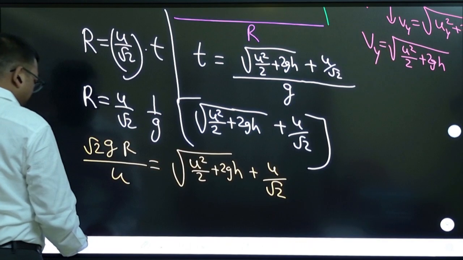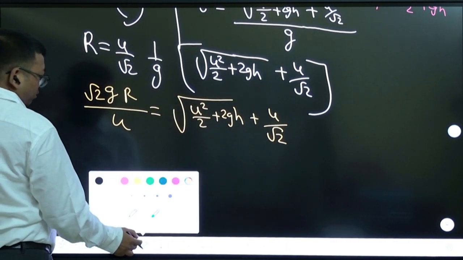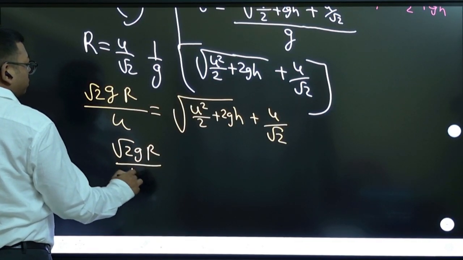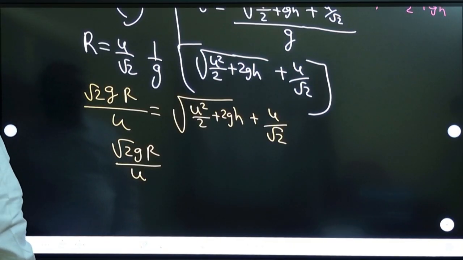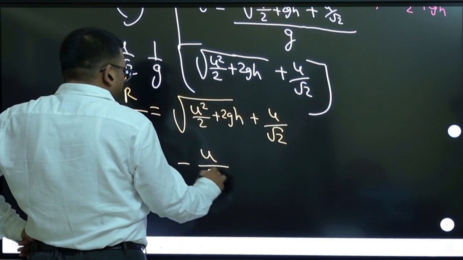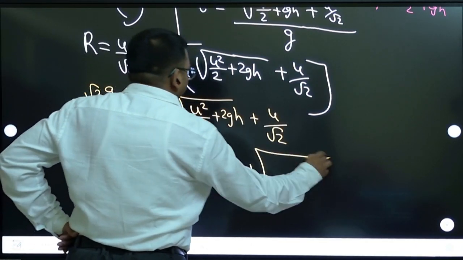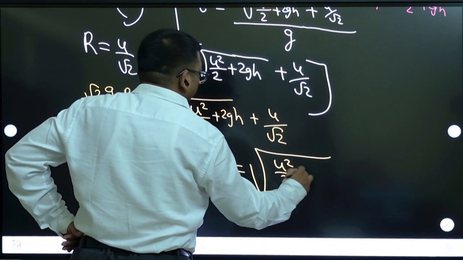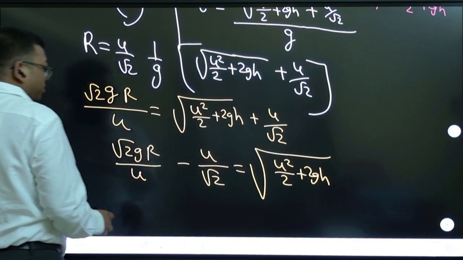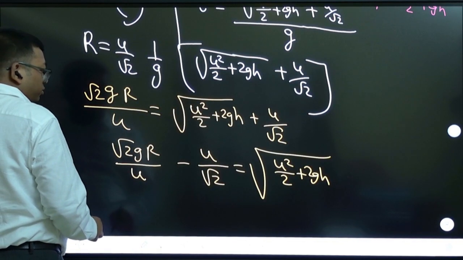Then I will bring this side and we can square it, right? So bring this side root 2 gr by u. Oh, u has come in denominator. So okay. Bring this side u by root 2, and then this is becoming u square by 2 plus 2gh. Let us square this both sides, so something might be easy to solve out.